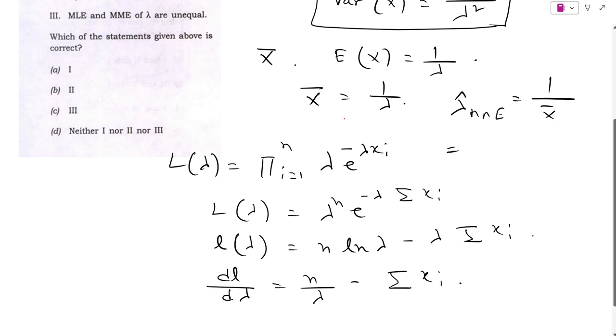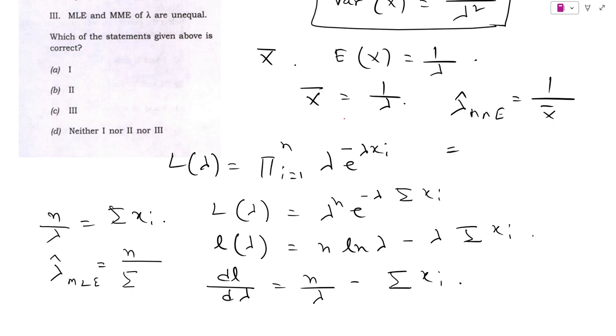So set the derivative equal to 0. So hence we can say lambda cap is 1 by x bar. Thus the maximum likelihood estimator is also the reciprocal of the sample mean.